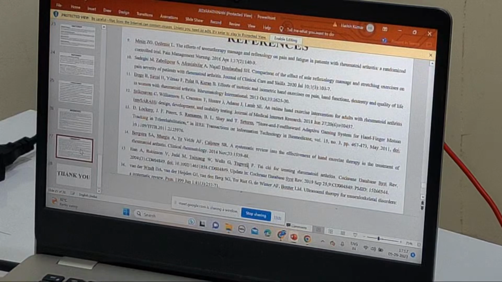Ma'am, rheumatoid arthritis patients are very fatigued. To induce relaxation, we give aerobic exercises, and to improve the functional status of the patient, for better blood circulation. That's all.